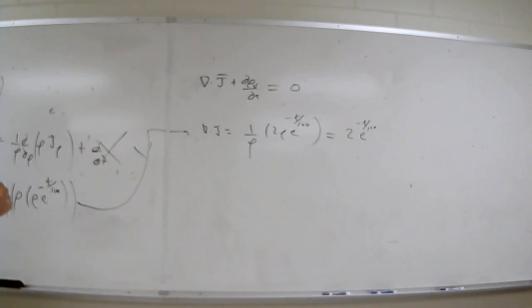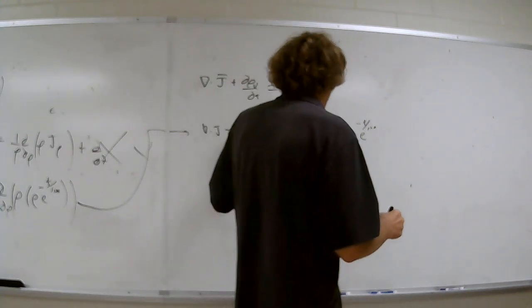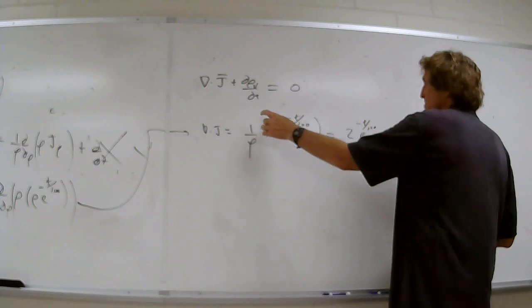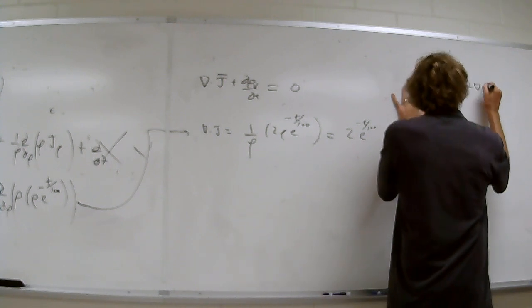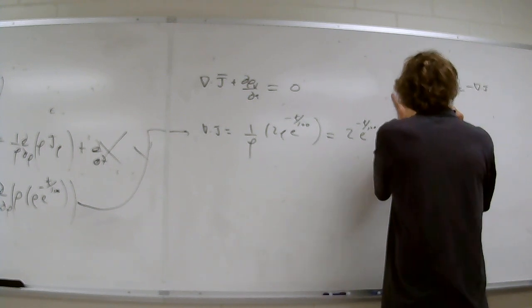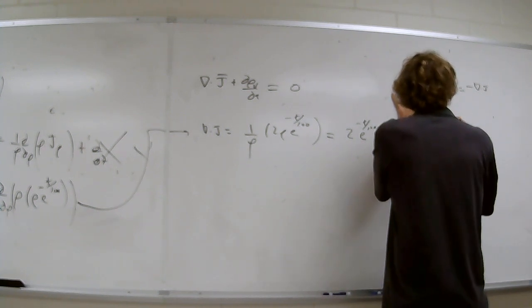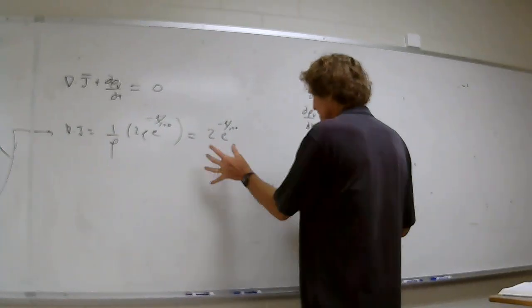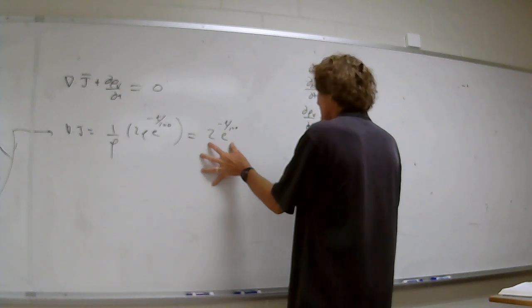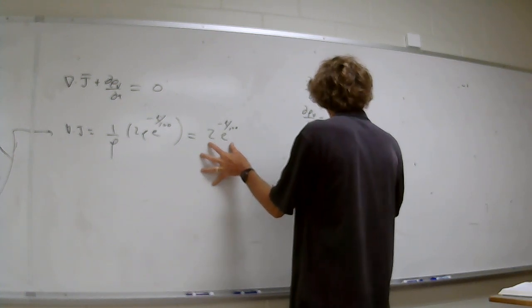All right, now I have the divergence of J here, so I can say d rho v dt is equal to minus divergence of J, which is going to be minus 2 e to the minus t over 100.